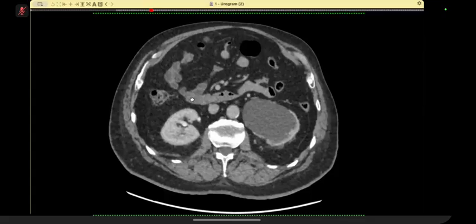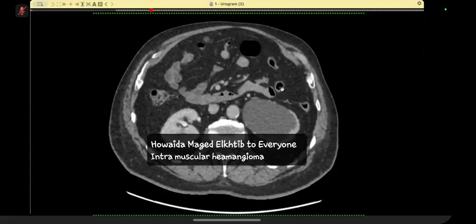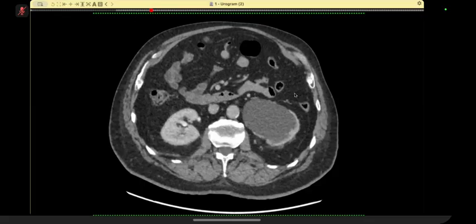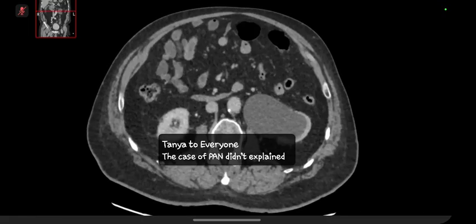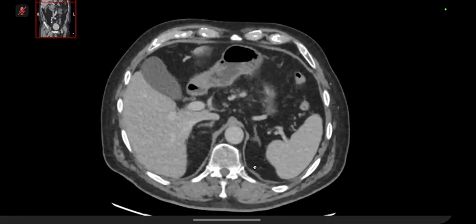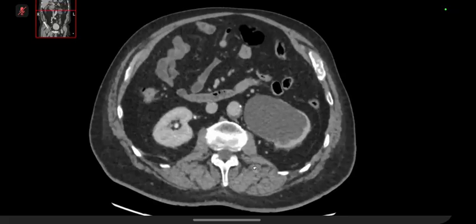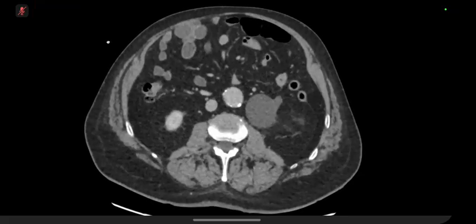Yes, sir. So the images are jumping actually.